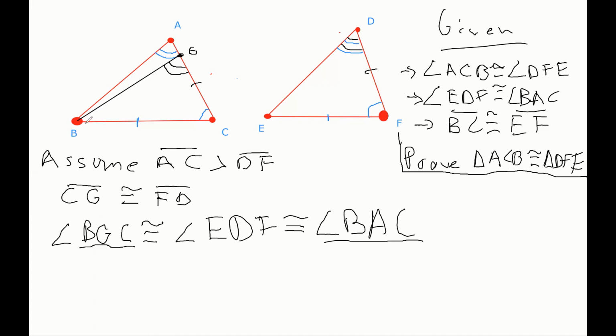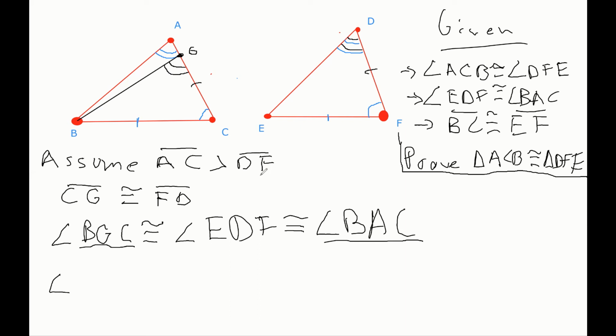Namely, this angle is an exterior angle to this triangle BGA. This exterior angle is going to be greater than this angle in here, BAG. So let's write that down. This is by Proposition 16 in Book 1.